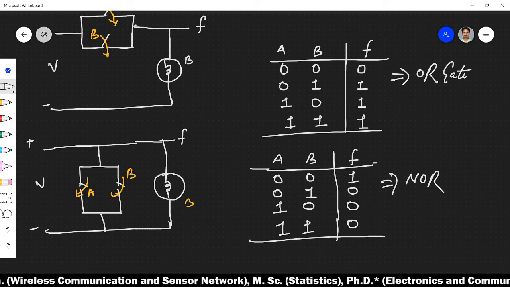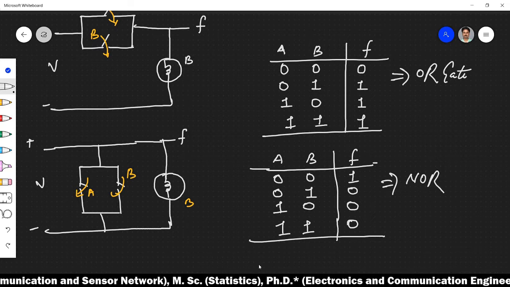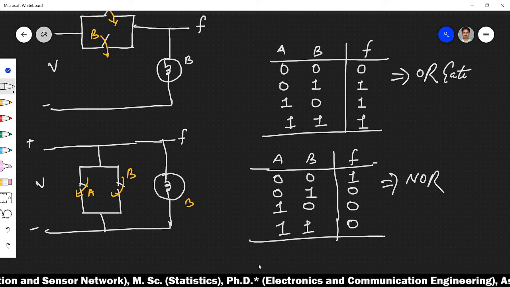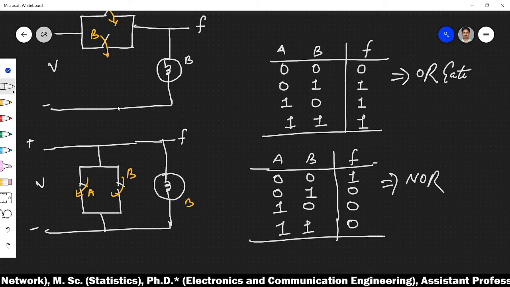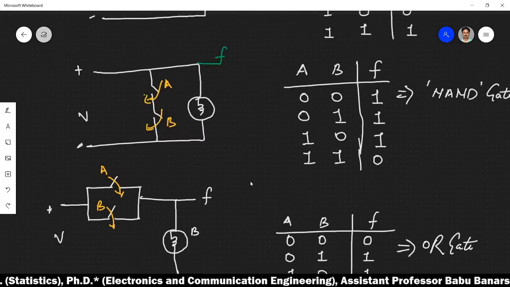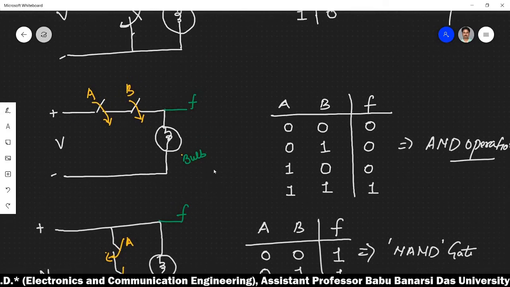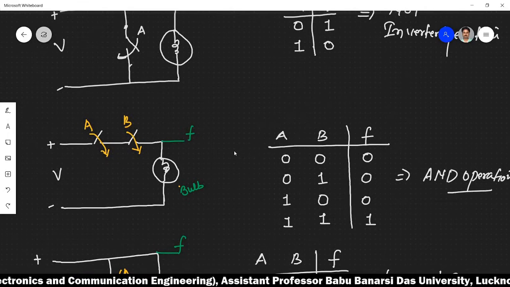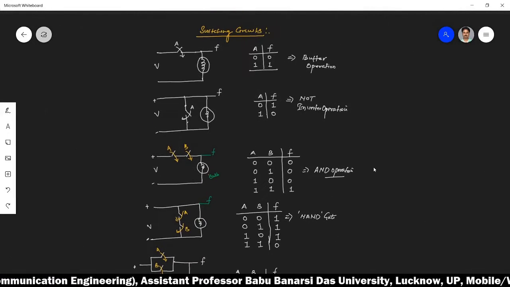So this is the concept of a switching circuit. And of course, by considering the position of switches either in parallel or in series, you are able to see the interesting results of the entire circuit.